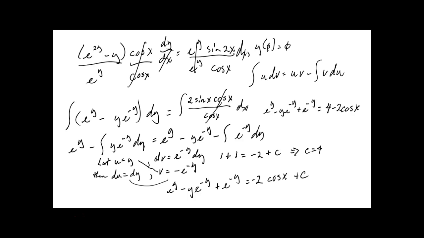Y is equal to 0 here too. Then once you figure out what the c is, go back and put it in here, and that is your answer. Without an initial condition, this would have been your answer down here. With the initial condition, you figure out what c is, then put it in, and that's your answer.